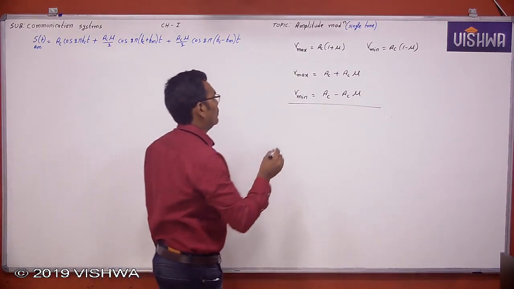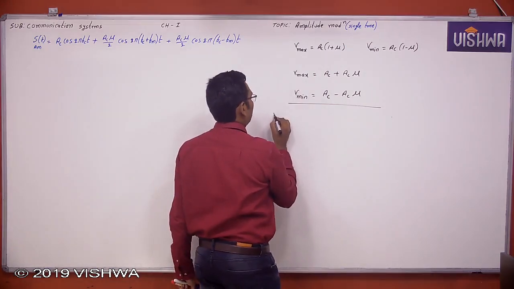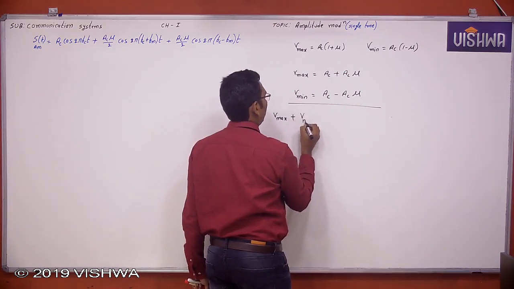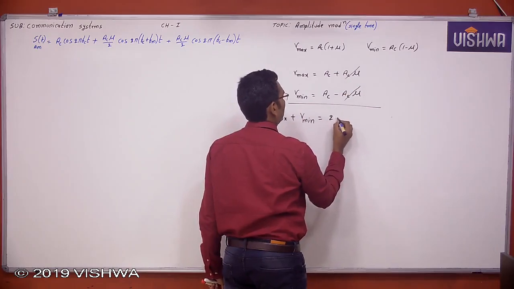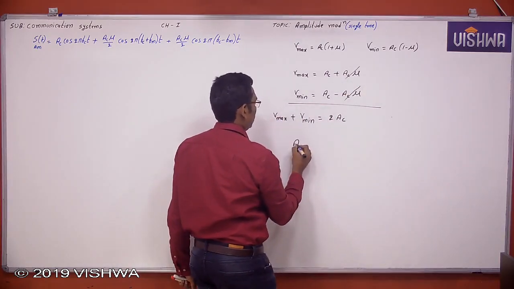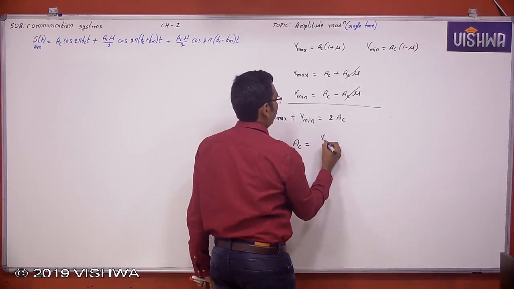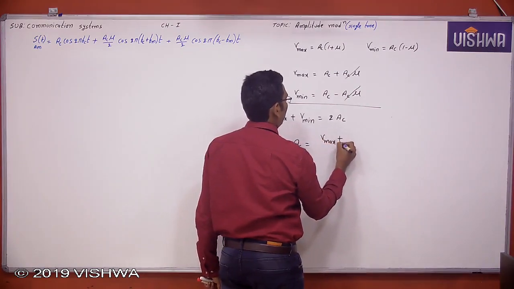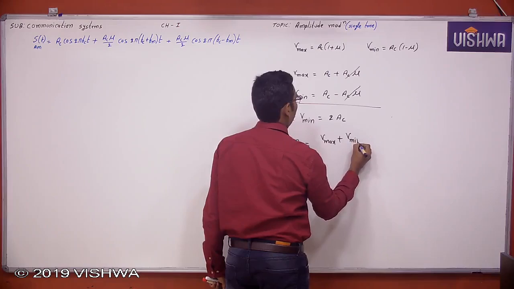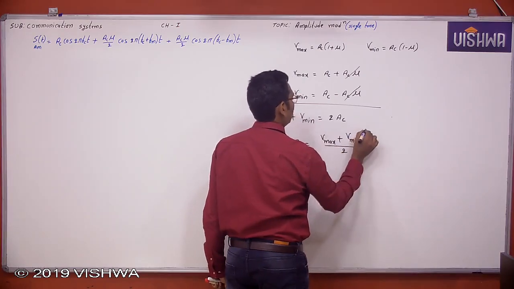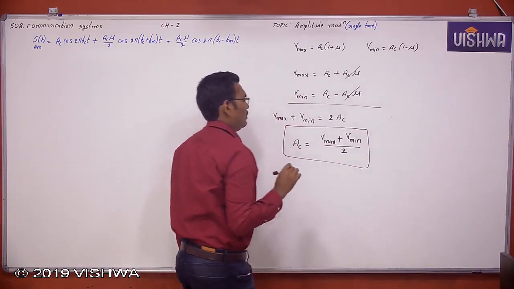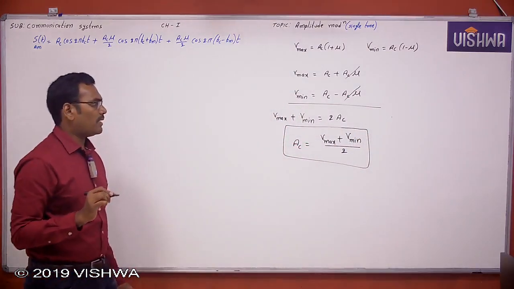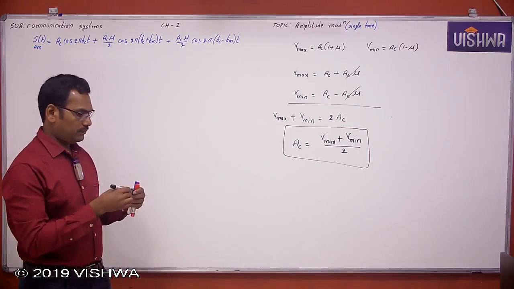If I add these two, V maximum plus V minimum equals AC plus AC, the AC mu terms cancel, so this is 2AC. So AC equals (V maximum plus V minimum) by 2.